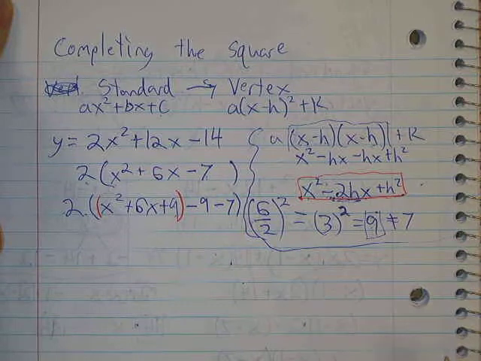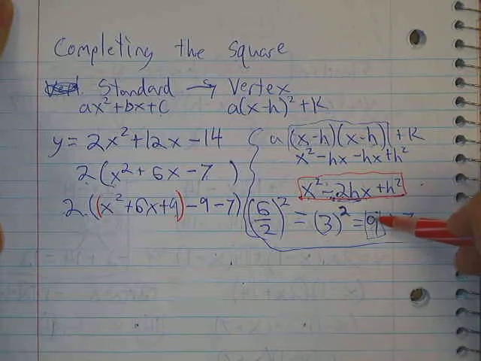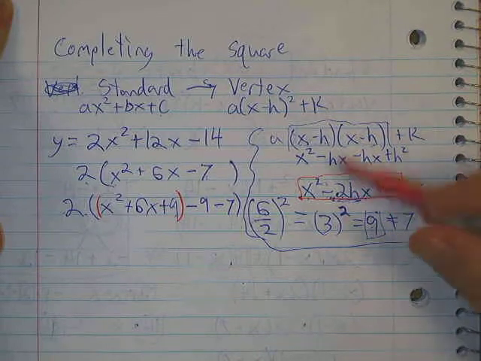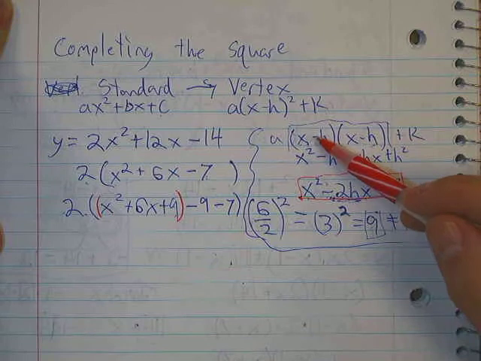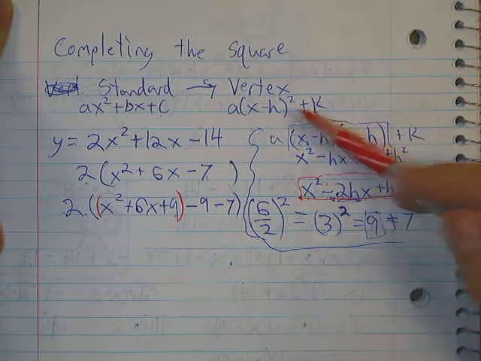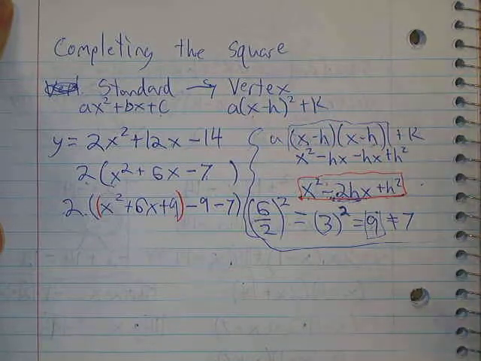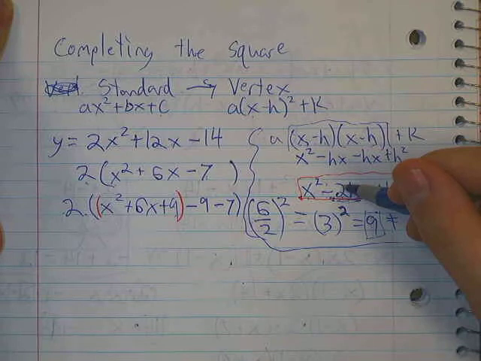The reason that we stick the 9 in there is that the way we've created this set of parentheses in red, it will always factor into x minus or plus some number squared. It will get us our (x minus h) squared.